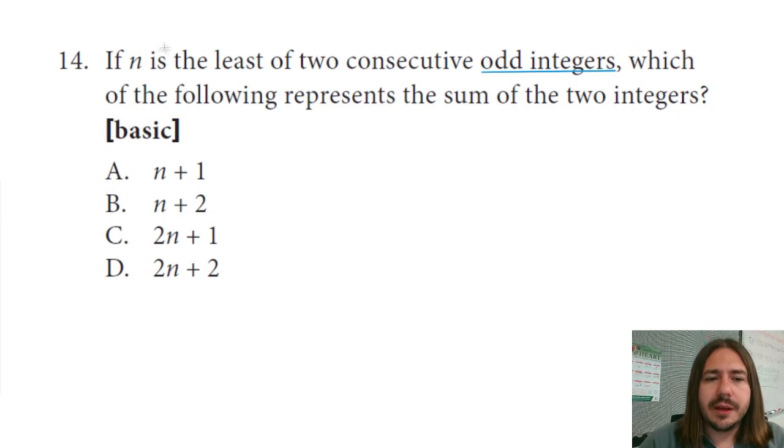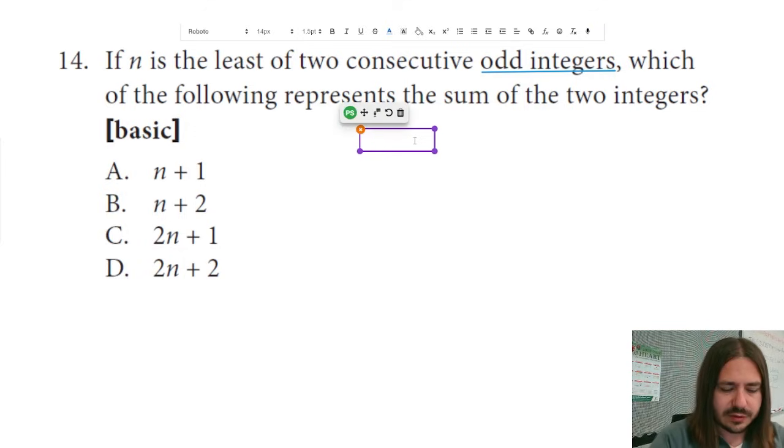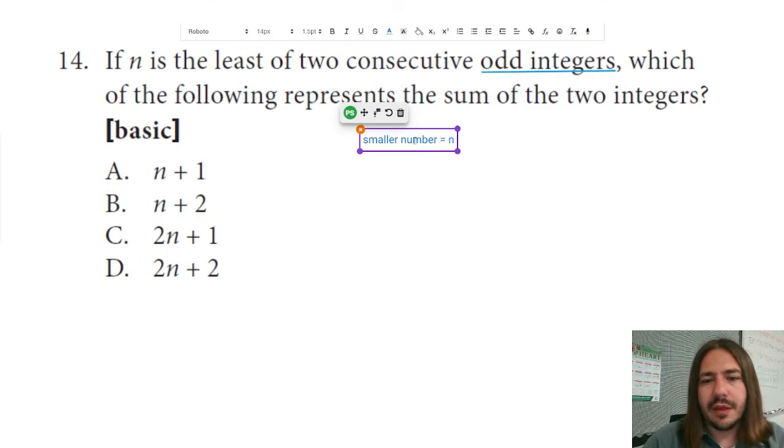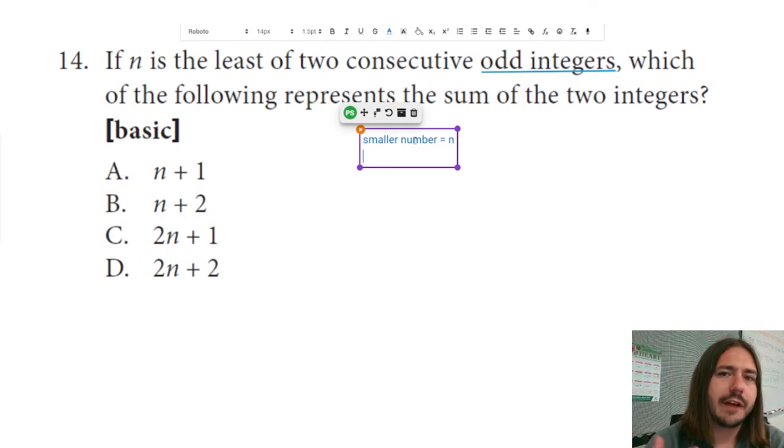So the smaller number is n, then the next consecutive integer, and consecutive means if you have a list of things, if two items in that list are consecutive, that means they follow one after the next.